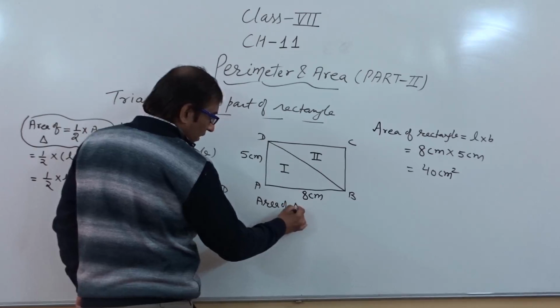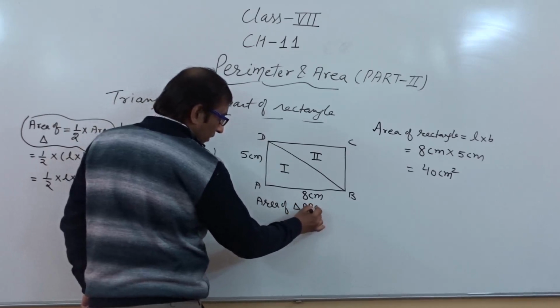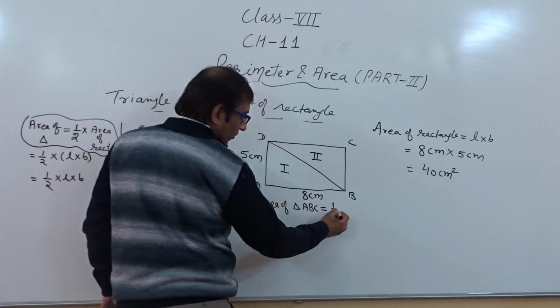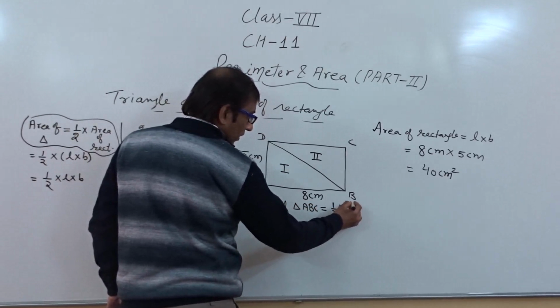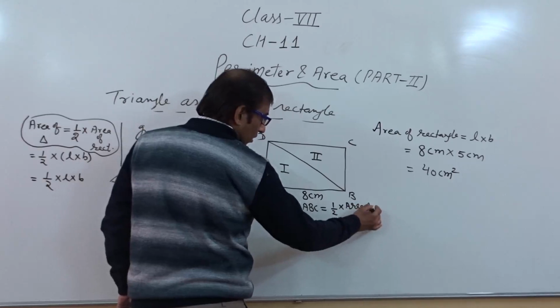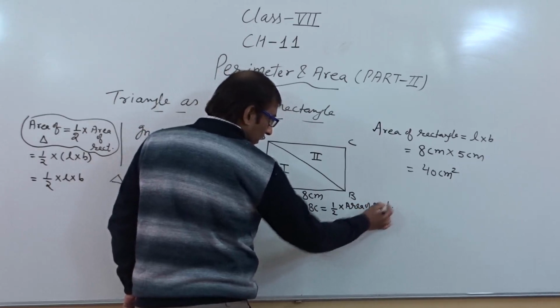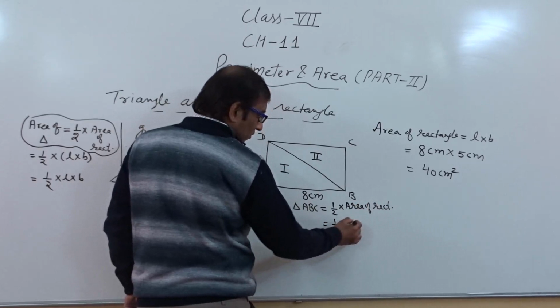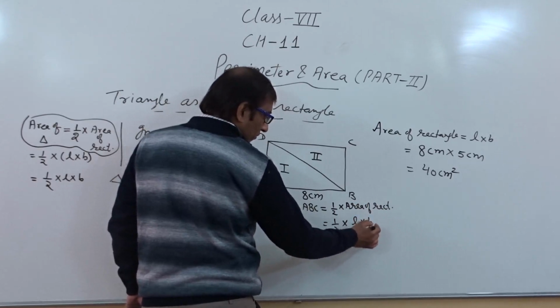If we apply this formula here, area of triangle ABC is half into area of rectangle, so this is half into length into breadth.